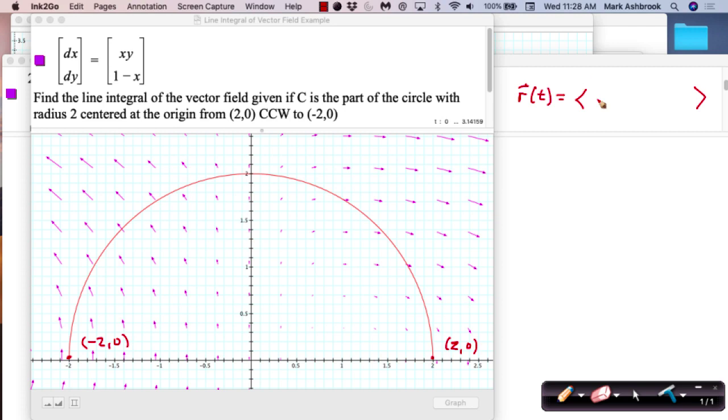Our radius is 2, and then our vector field is given, so we're off to the races, right? We need dr. What's dr? These are little direction vectors along the curve, right? These are all parallel to motion.